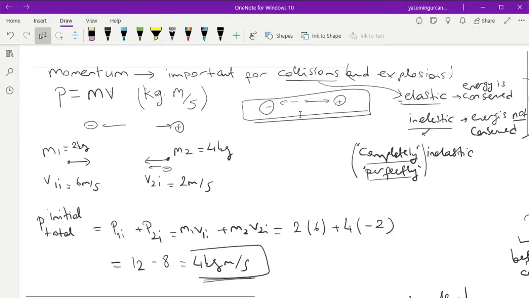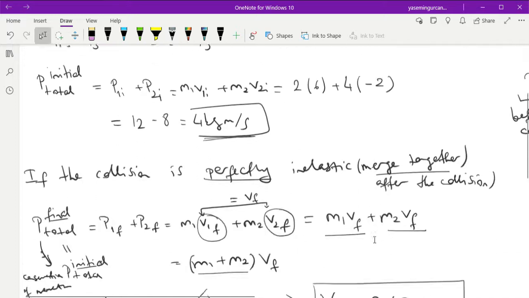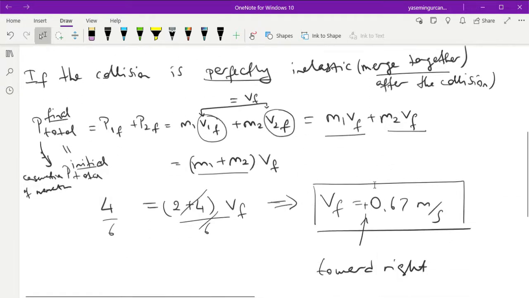Then the opposite direction is going to be negative, and use that fact in your equations like this. And eventually when you find the final velocity of one or the other, or both in the case of a perfectly inelastic solution, the sign of the velocity is going to tell you in which direction that object is going to be. In my case, I found it to be positive, so it tells me that these two merged objects are moving toward right.